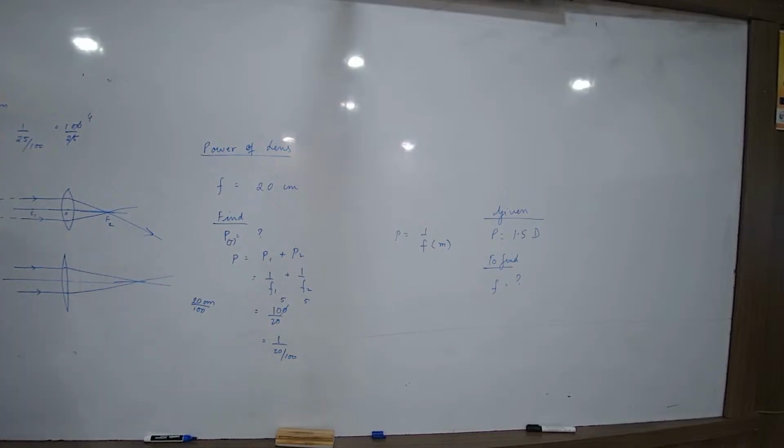The focal length of a concave lens, underline concave lens, is 30 centimeters. All of you think, don't tell me it is concave, concave. Length is 30 centimeters.